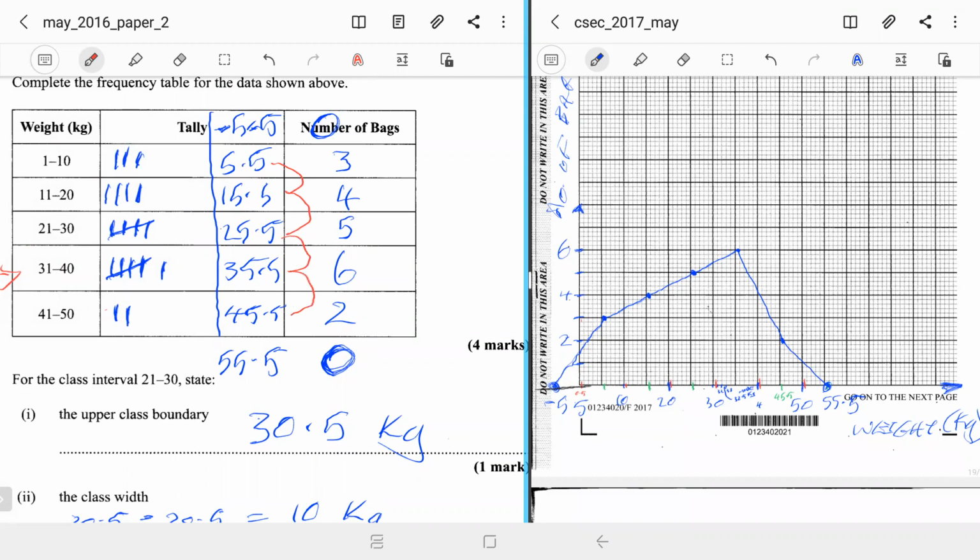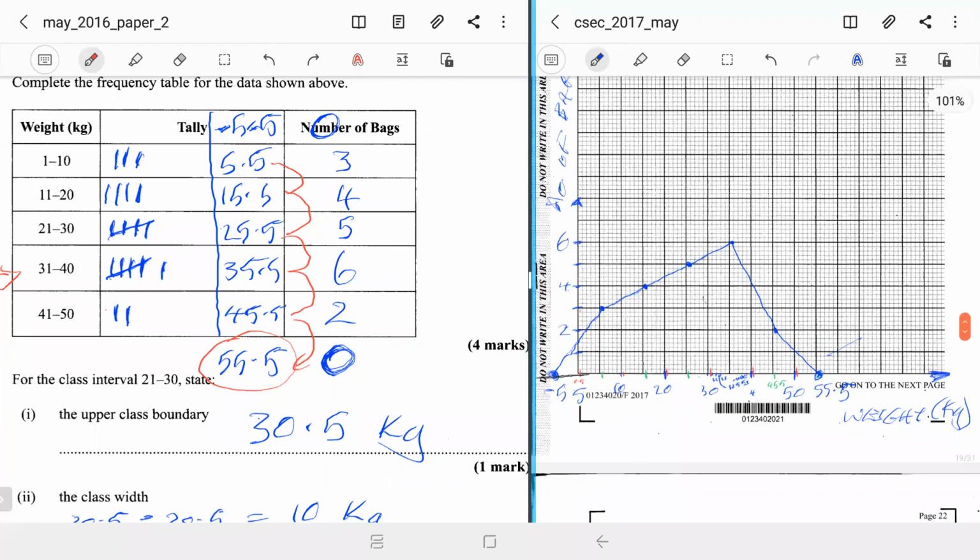So the next value, if there was another value after this, would also increase by 10 to 55.5. But that was not given in the table. And since it was not given, the frequency of that is 0, because none of them weighed this. So the frequency is 0. It means that there's a point at 55.5. Understand that now? So that's why I get this point over here.